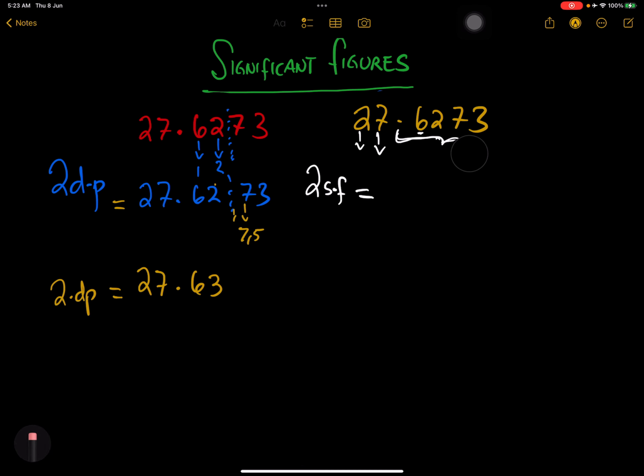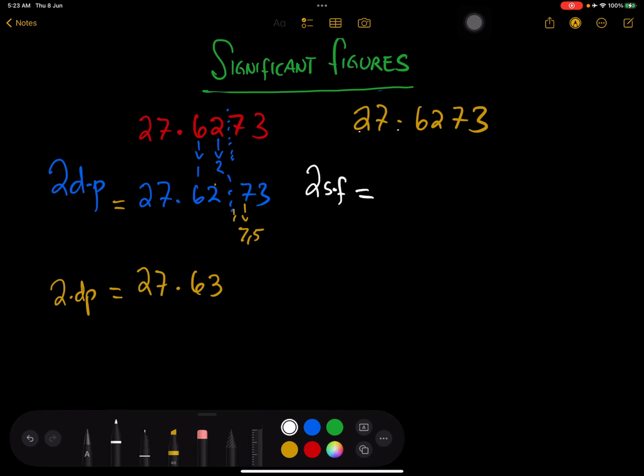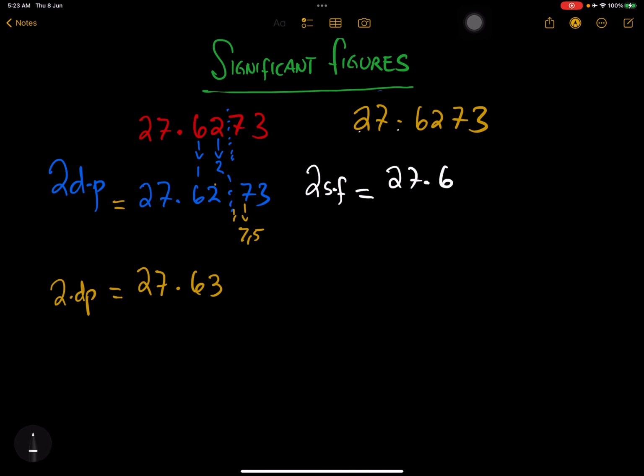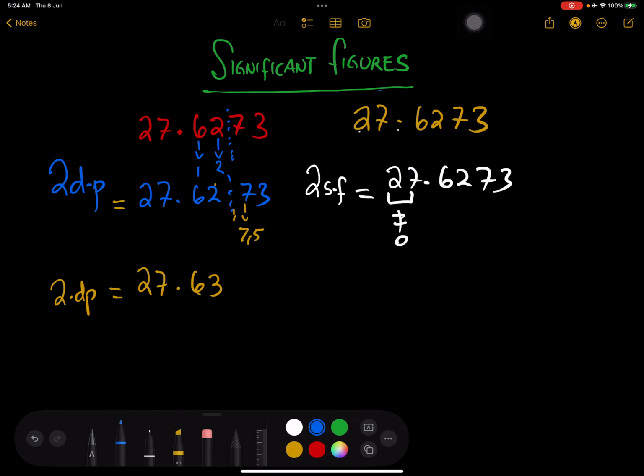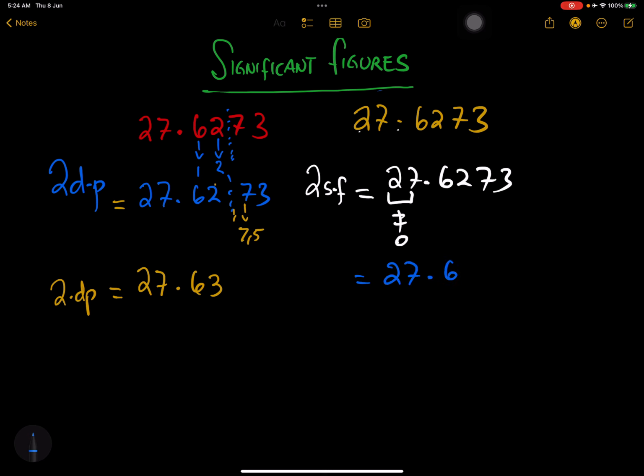I'd like to take it again. Remember that the number that is starting is not zero. Because of that, in 27.6273, this becomes the first significant figure, and this becomes the second significant figure.